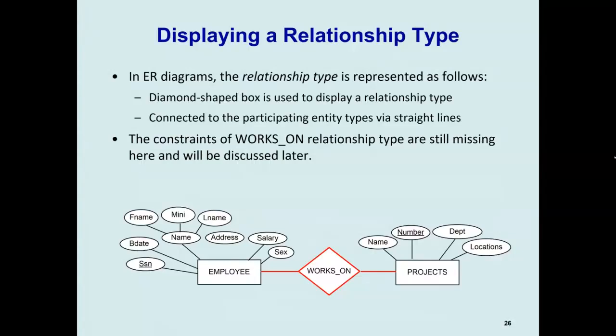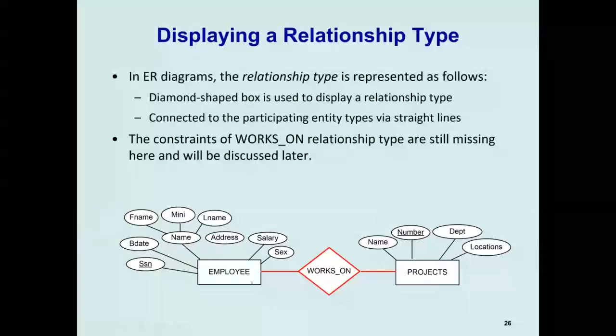So that's why we have the relationship type concept. In the ER diagram, the relationship type is represented as a diamond box between at least two entity types. That diamond box will be connecting to the two entity types.